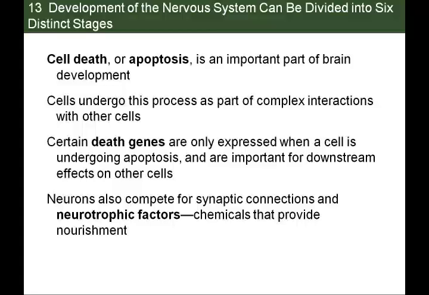Now, I said earlier that you have many more cells than you actually need, and so you go through healthy cell death, and this healthy cell death is called apoptosis, which is very different than unhealthy cell death that, let's say, happens in Alzheimer's disease, which is called necrosis. So apoptosis is a healthy part of brain development that allows fine-tuning and that allows this change in synaptic arrangement of a more efficient circuit.